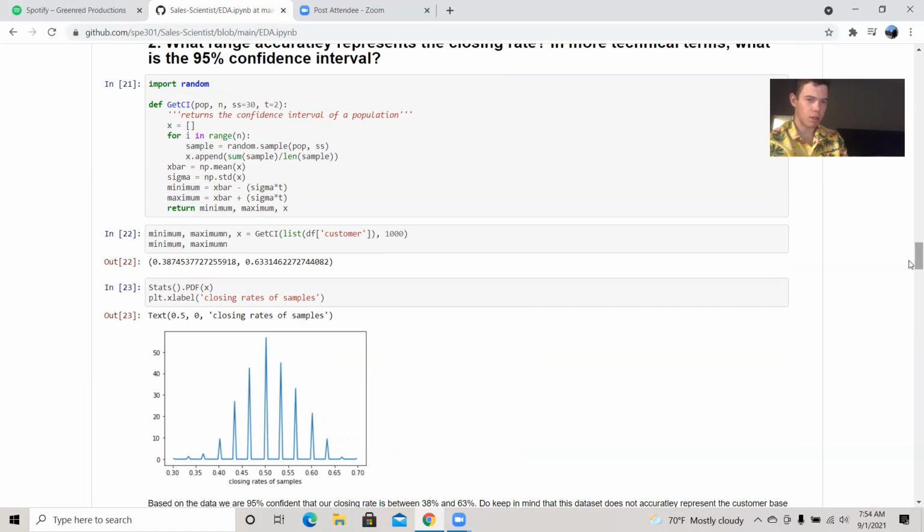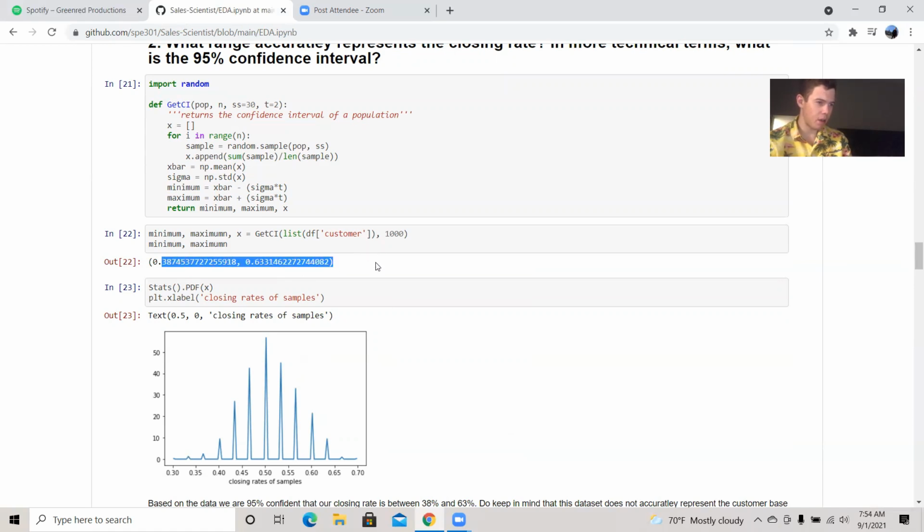Only doing 1 standard deviation, you get a 68% confidence interval. So right here, it looks like 95% of these sample means have a closing rate higher than 38%, but less than 63%.